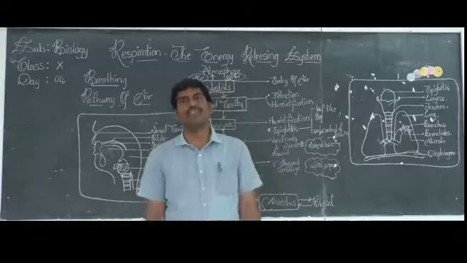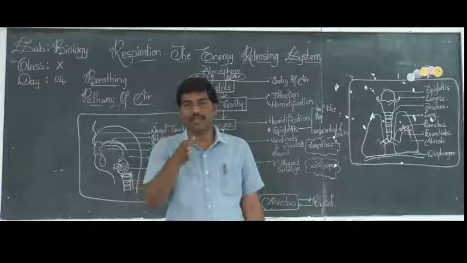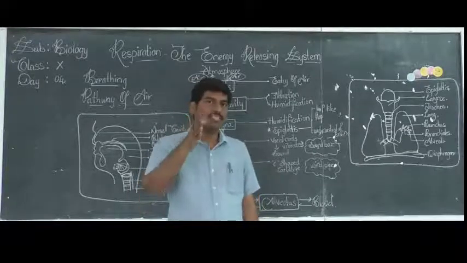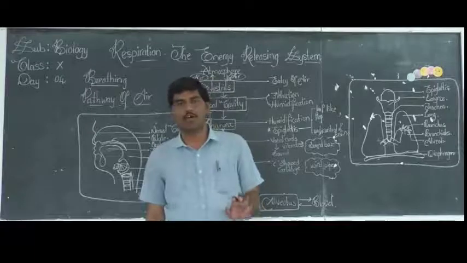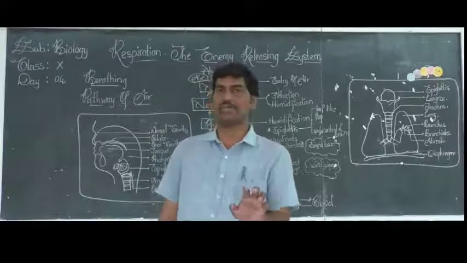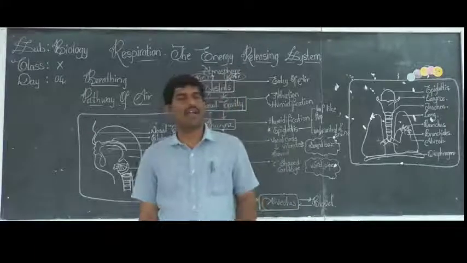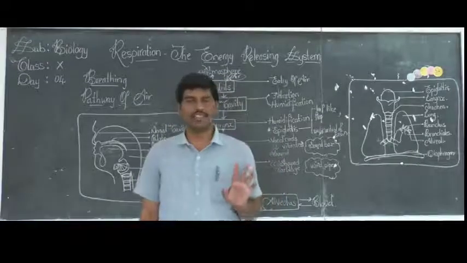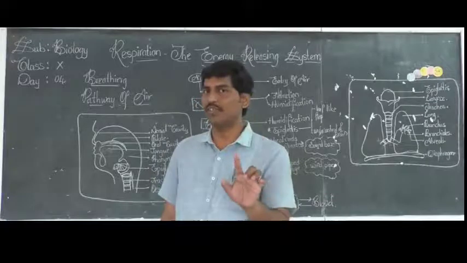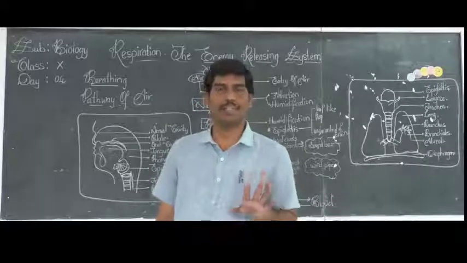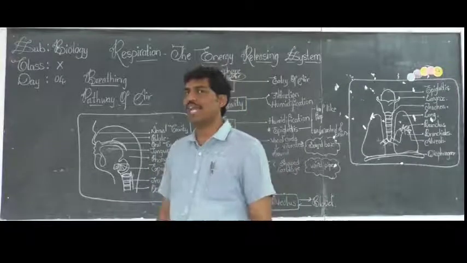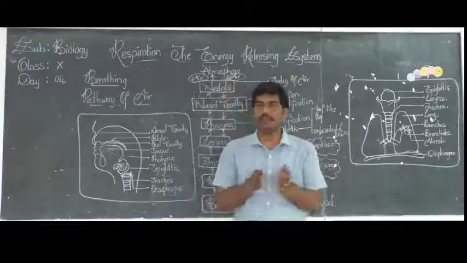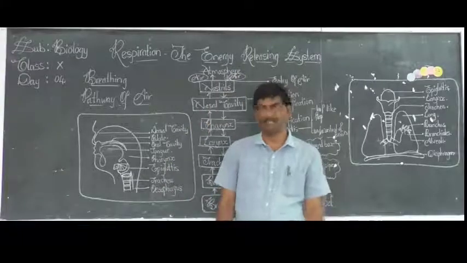Both these cavities are separated by a wall, which is nothing but the septum. So how many nostrils do we have? 2. Each nostril leads into a nasal cavity, so we have 2 nasal cavities separated by a septum.